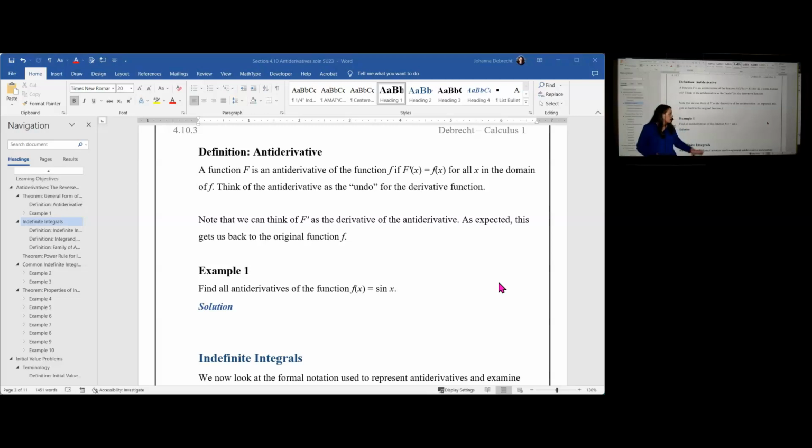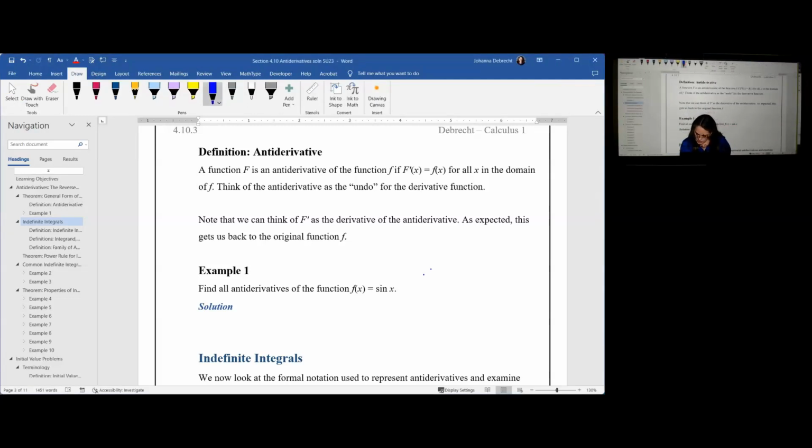I know that if I take the derivative of cosine, I get negative sine, but I want to get positive sine. So what I'm going to do instead is find the derivative of negative cosine. I'm looking for a function that when I take the derivative of it, I get the original function.